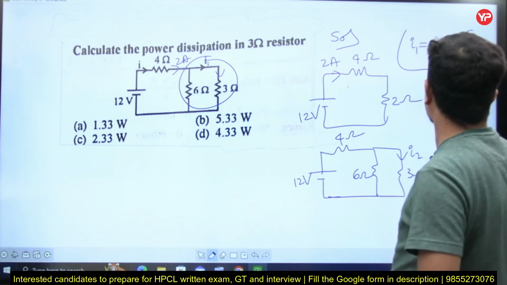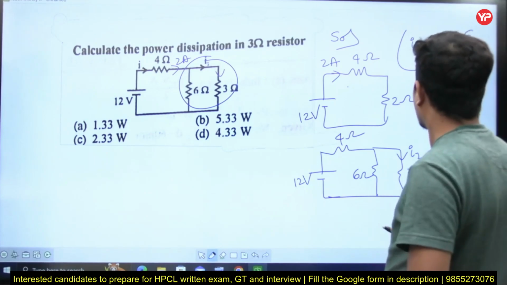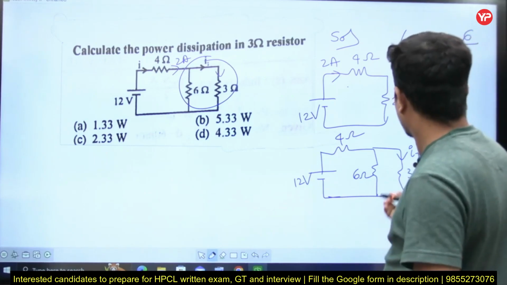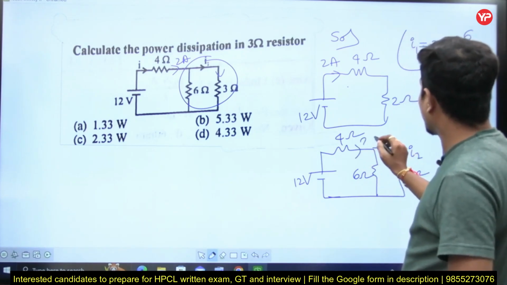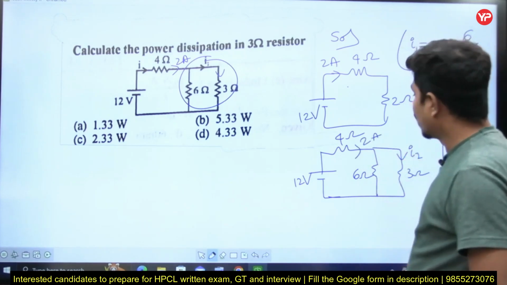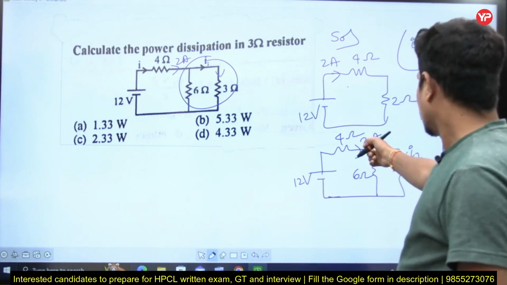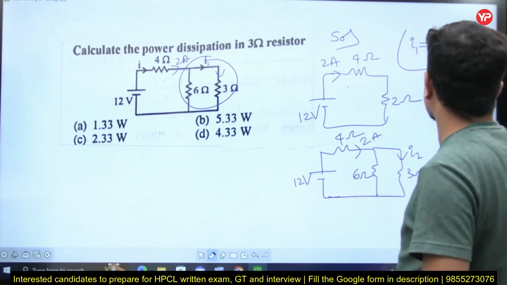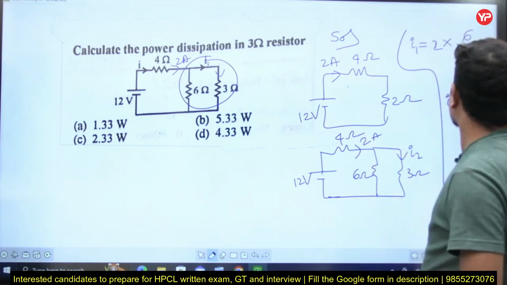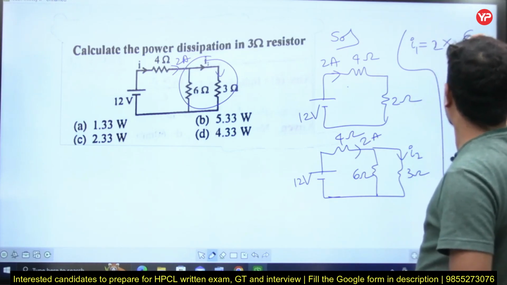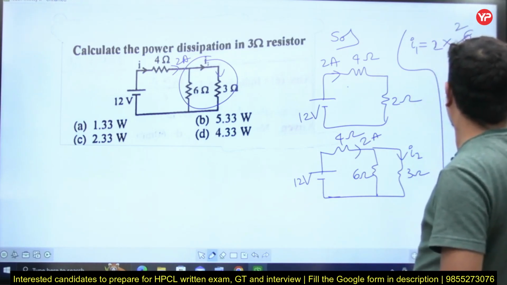I want to find current I1. Total current is 2 amperes into opposite resistance 6 divided by 6 plus 3, 9. So 3 3s and 3 2s, it is 4 by 3.